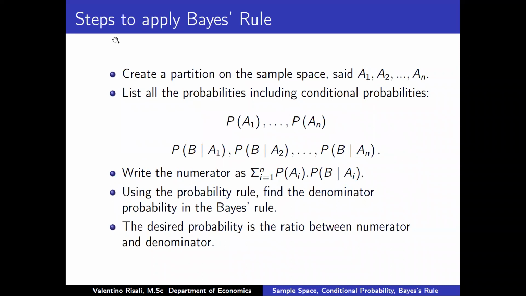As I mentioned before, these are the steps to apply Bayes' rule. Creating a partition is the first step, and then you can use the formula to find the desired probability.